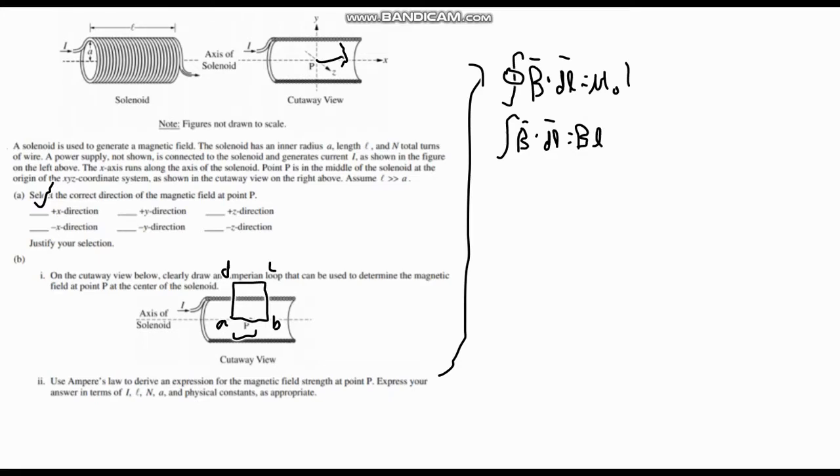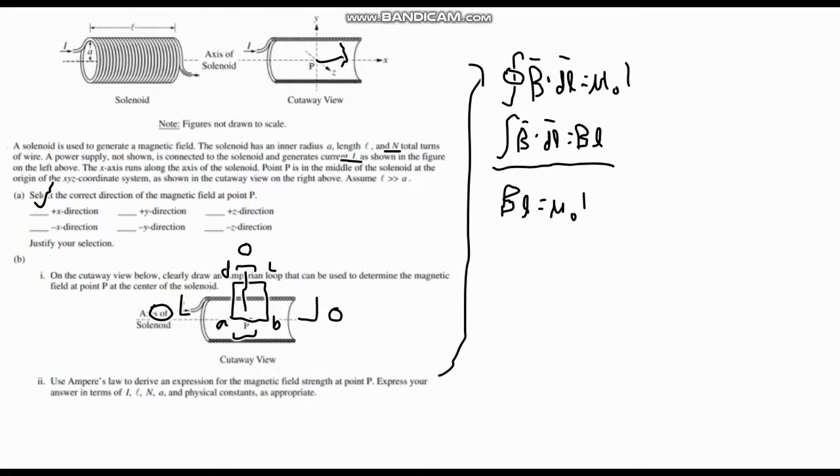Now AD and BC are actually 0 because they're perpendicular, and DC is really far away from the center. So we can assume that to be 0 because the magnetic field is really weak there. So now we just have that is equal to BL. So we can just plug that in. BL is equal to mu naught I.